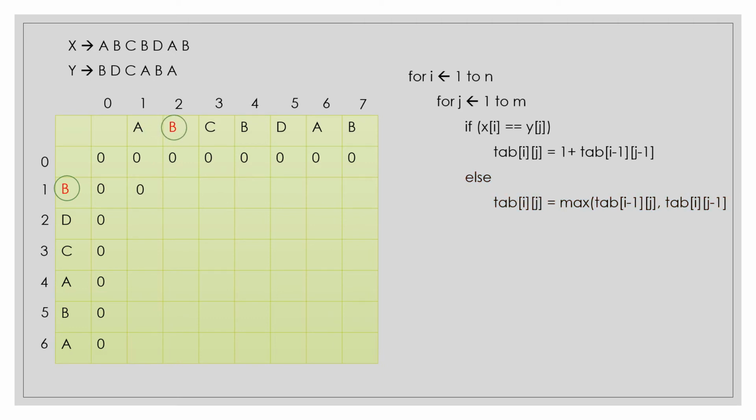So now we can see that B and B, these both elements are the same, correct? So now the if condition will be followed, and what it will do is take the diagonal element of that cell, add 1 to it and append it here. We will see 1 appearing.